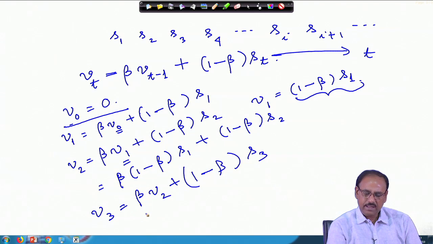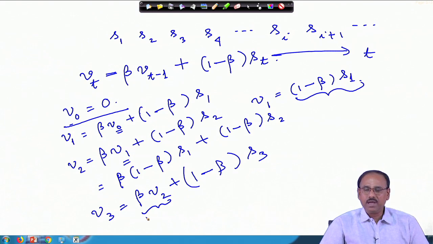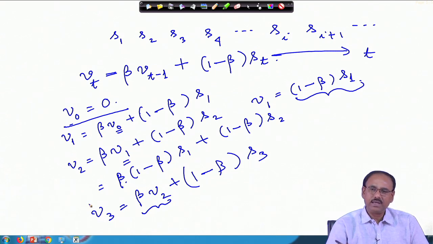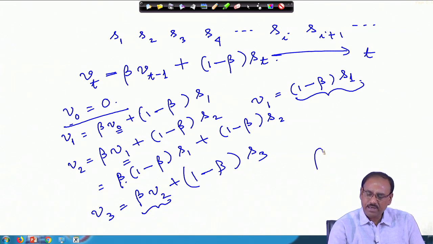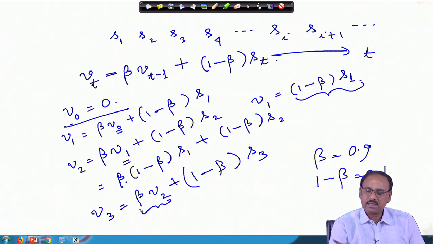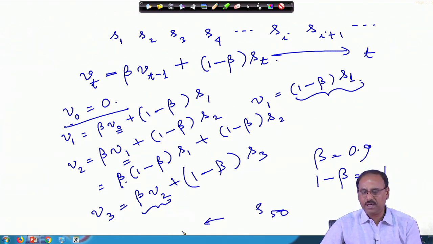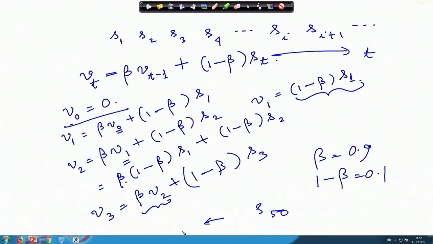So you find that in this term, beta times V_(t-1), I have a weighting component which is beta, then beta square, beta cube and so on, and beta is actually less than 1. A typical value of beta is taken to be 0.9, so 1 minus beta will be 0.1. So when I compare with, say, S50, the effect of the previous sample values S1, S2, S3 and so on will go on reducing exponentially.